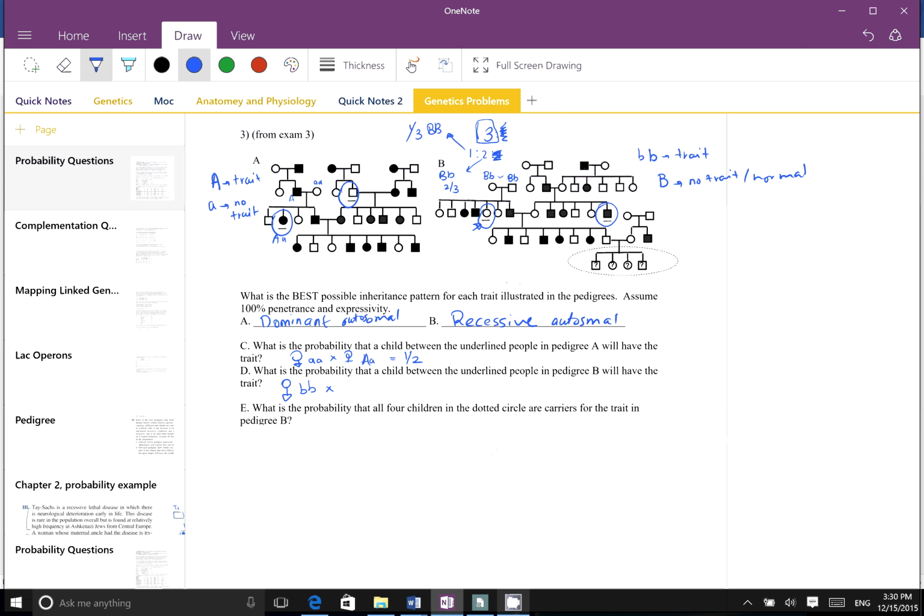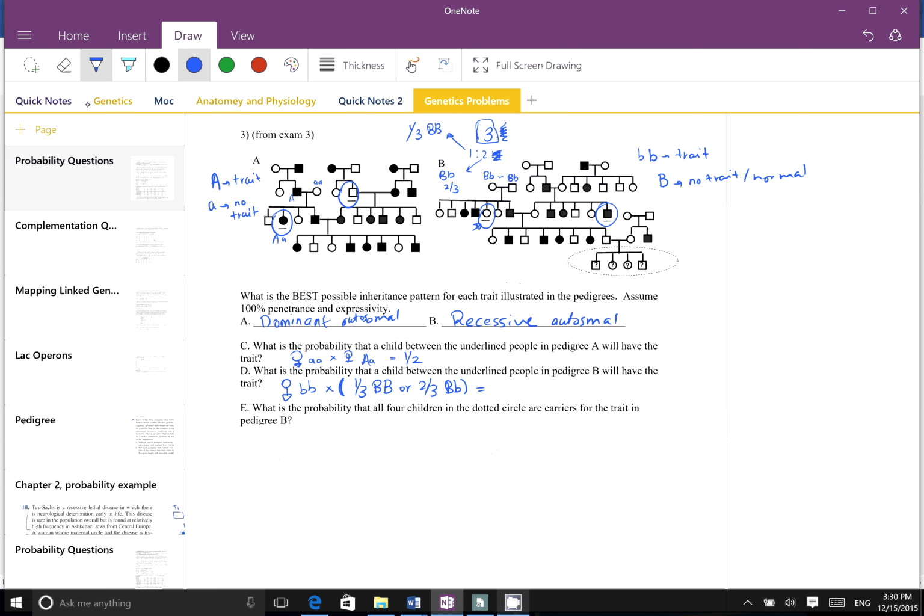So here, when I want to cross the father with either mothers, the probabilities for the mother, it's going to be 1/3 of her being homozygote for the trait, or 2/3 of her being carrier for the trait.